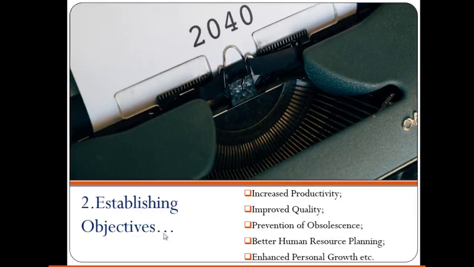In establishing the objective, there can be n number of objectives, like to increase the productivity, to increase the quality, quality pertaining to work or quality pertaining to product, etc. It also includes, or the number of objectives again could be seen as to prevent obsolescence. Usually the obsolescence is observed in warehouses. Then for better human resource planning, for enhancing personal growth, for increasing the morale, etc., could be some of the outputs or could be some of the objectives.